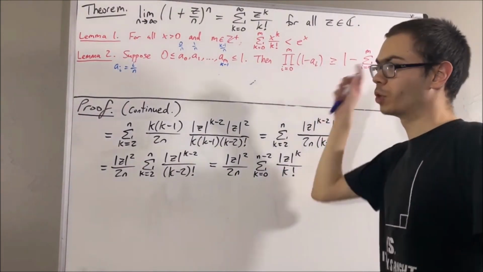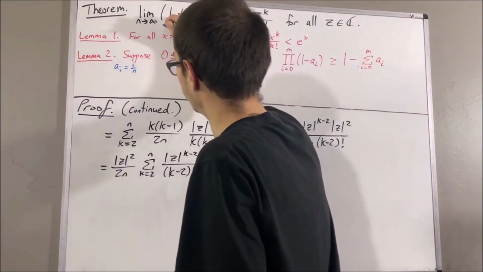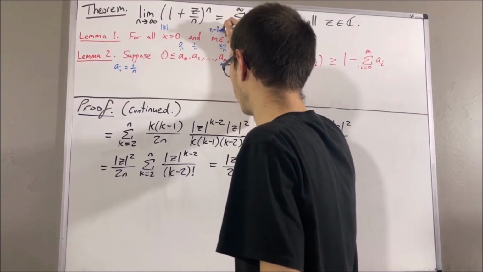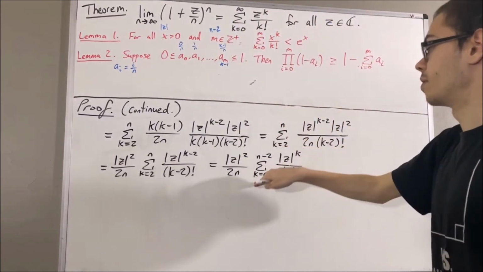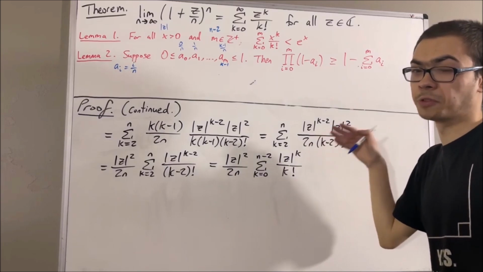But now we apply lemma 1. If we take x to be absolute value of z, and we take n to be n minus 2, then this is less than e to the power of absolute value of z.